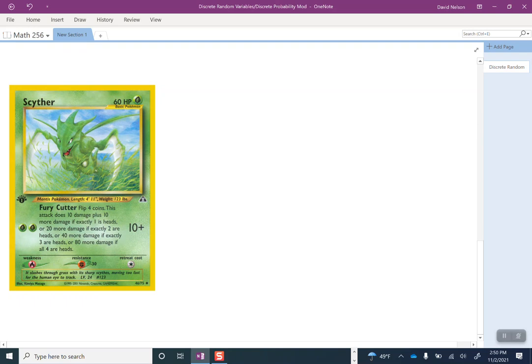And so if we look for that random variable, the amount of damage that you do is a random variable. The possibilities are 10 damage if all of them are tails. If 1 is heads, you'll do 20 damage.